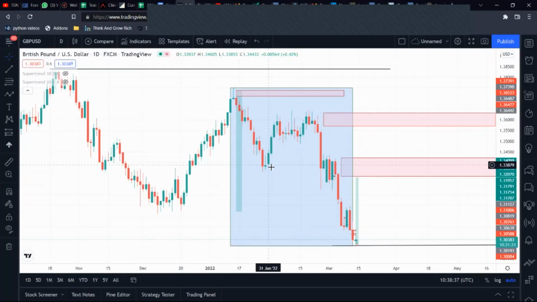So sure, I partialed out along the way. I didn't just hold all the trades from here. I took some partials along the way, but all in all, I took full profits at just below this low here. So this was the candle that gave me full profit on the move that I started from here. I also participated when the price pushed back up into this zone to then move lower.